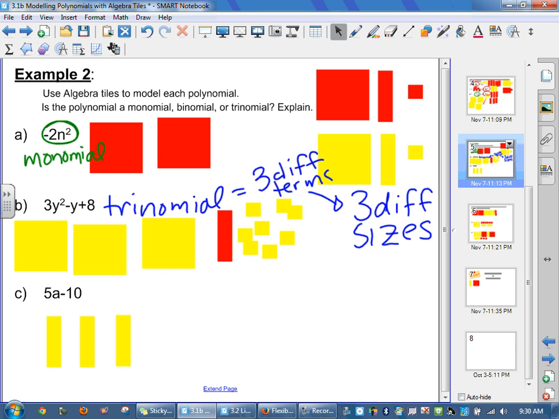And then I get 10 negative red ones. So I get 10 little baby red ones. So how many different sizes of objects do I have here? Two different sizes of objects. So if I have two different sizes of objects, what kind of a polynomial is this one? It's a binomial. Good.